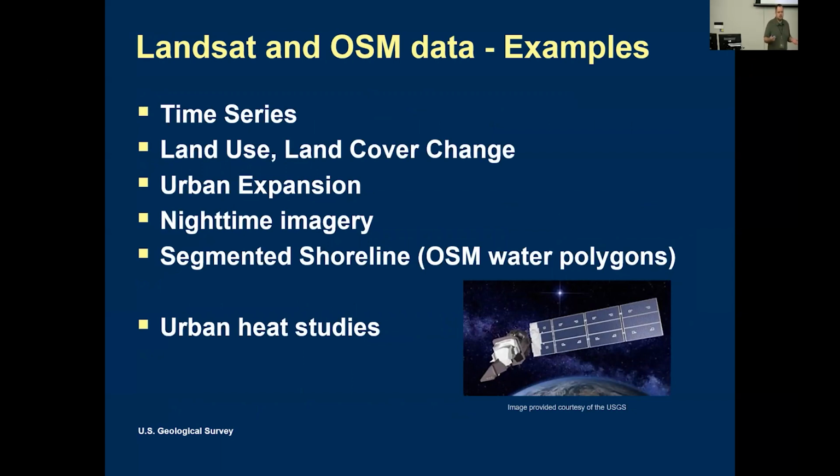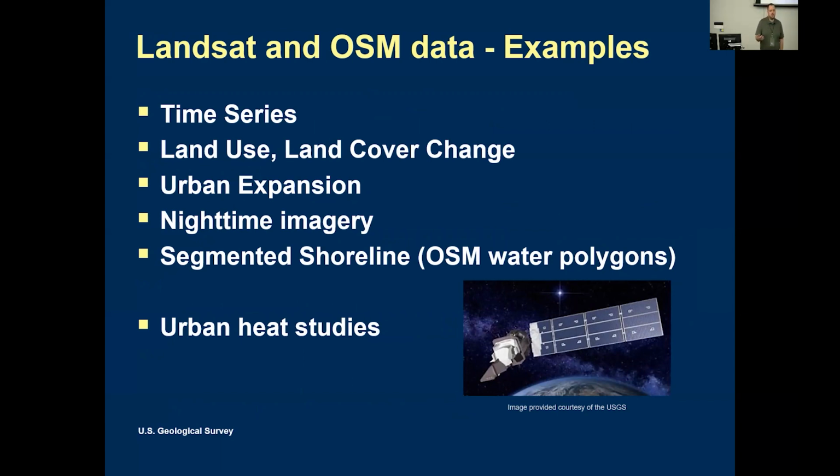Time series. With Landsat, we've got more than 50 years of data. I know with OSM you're looking at a current-day map of what's there, but you can look at historical Landsat data to determine how it grew to the point it is now.